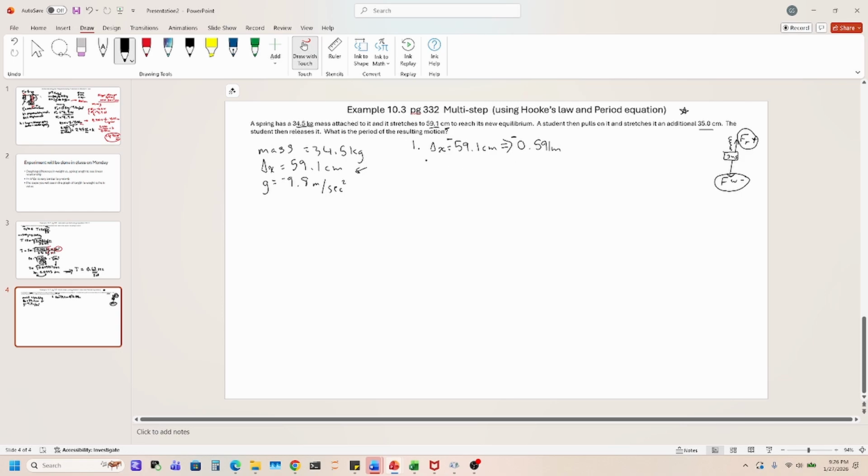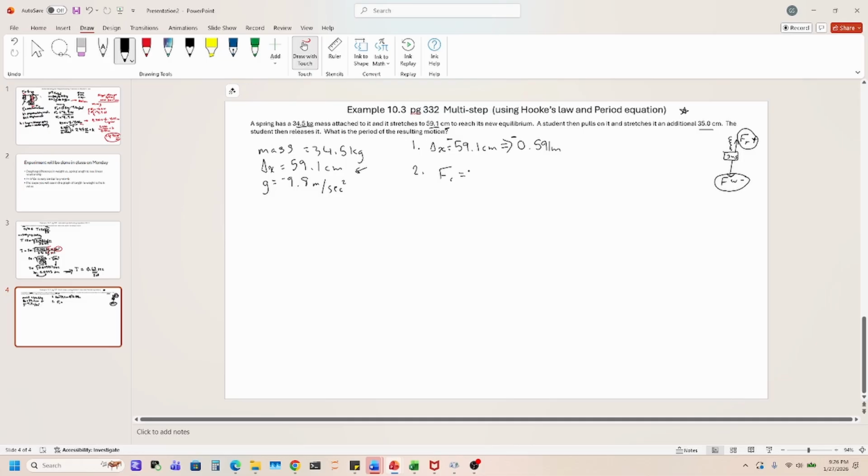Okay, so we converted a unit. Now we need to figure out what the K is, our spring constant, or our proportionality constant, in order to find our period. So step 2, we need to find K. So how would we do that? Well, this would be where our Hooke's law would come into play. I'm just going to label my force as my restoration force, and we can plug that in to Hooke's law.